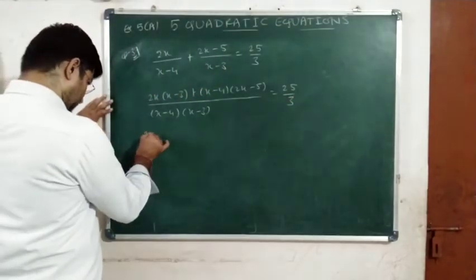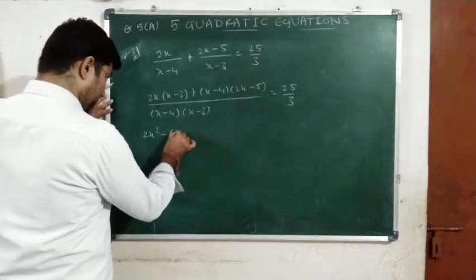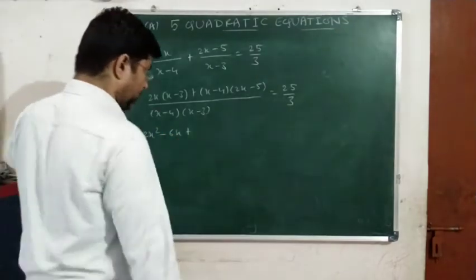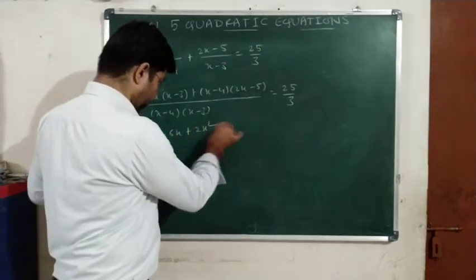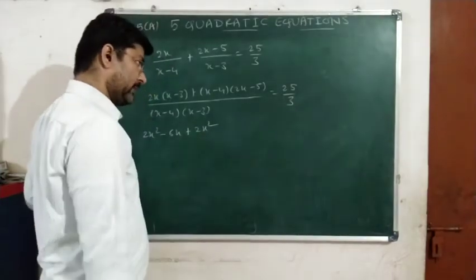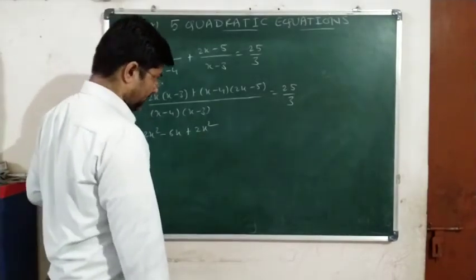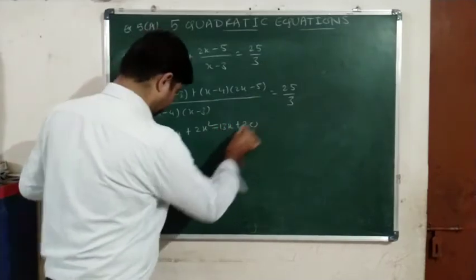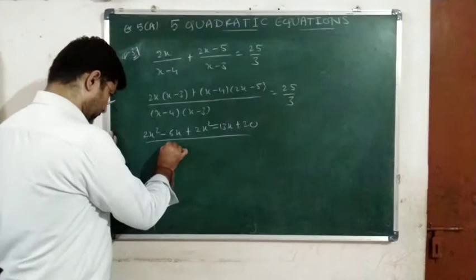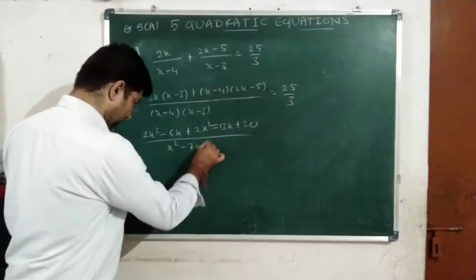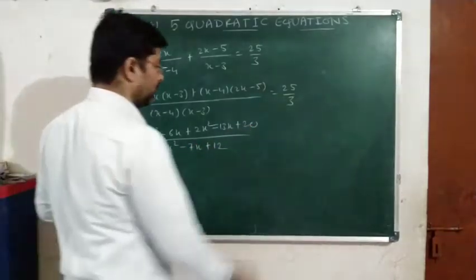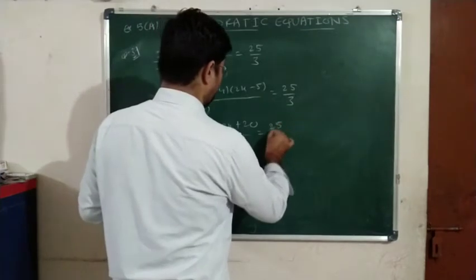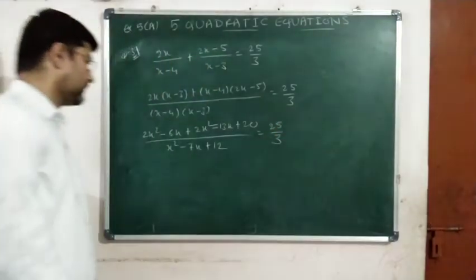Okay, so here 2x square minus 6x plus 2x square minus 5x minus 8x plus 20, upon x square minus 7x plus 12, is equal to 25 upon 3.